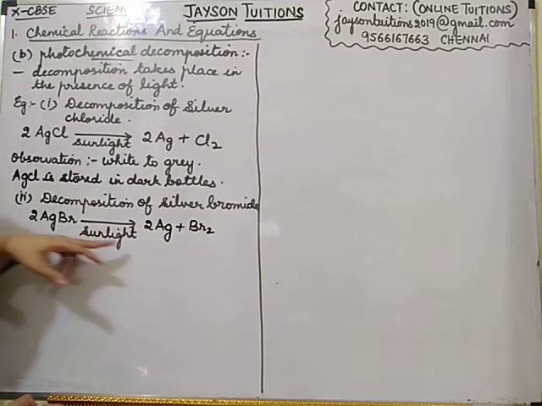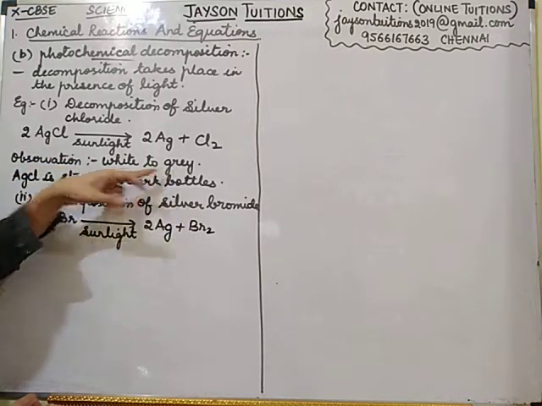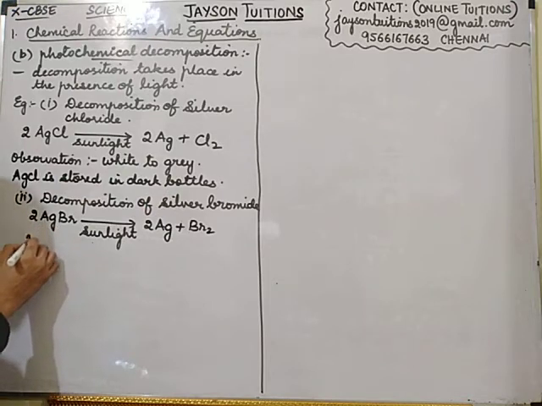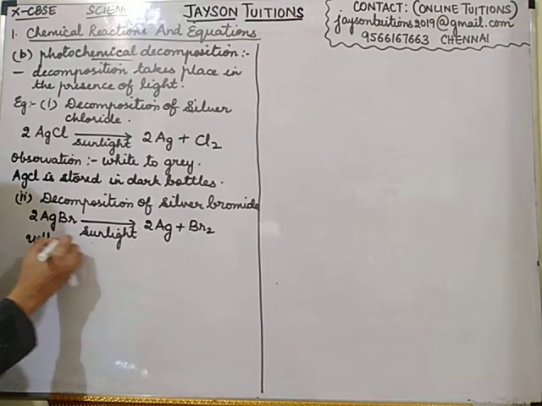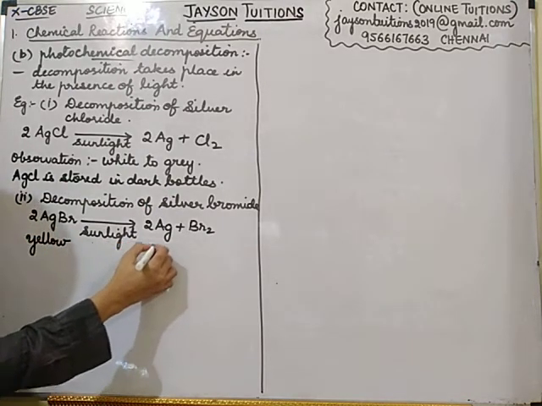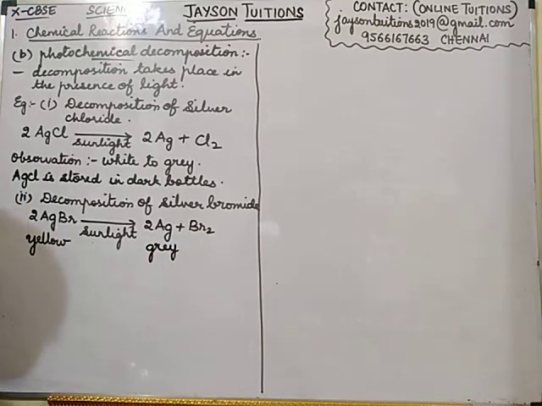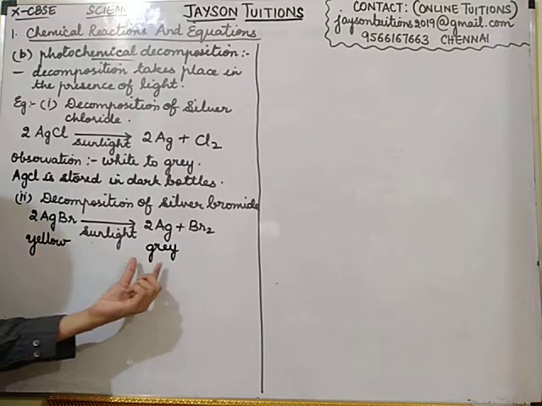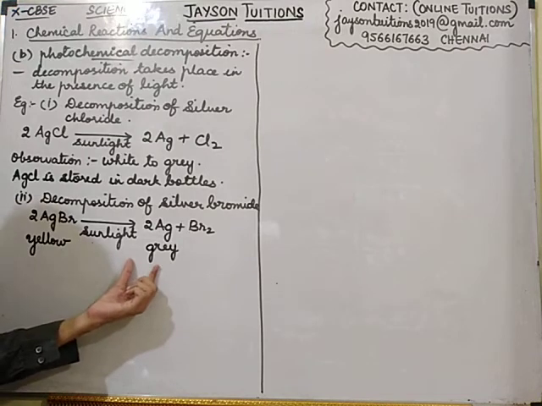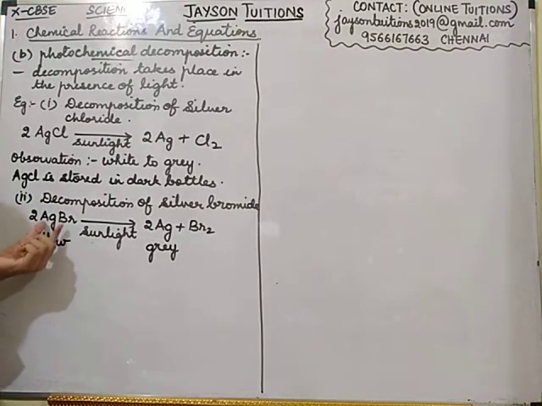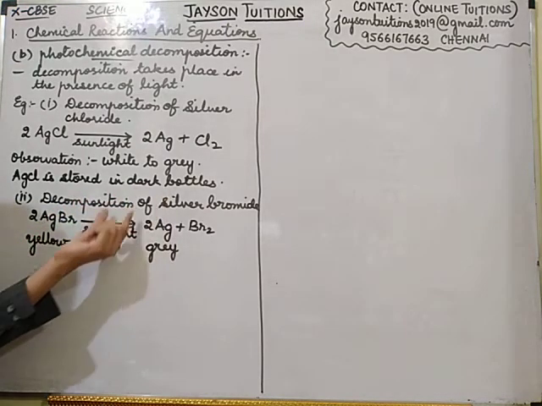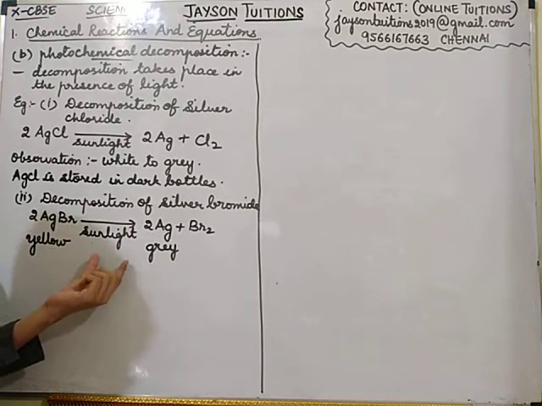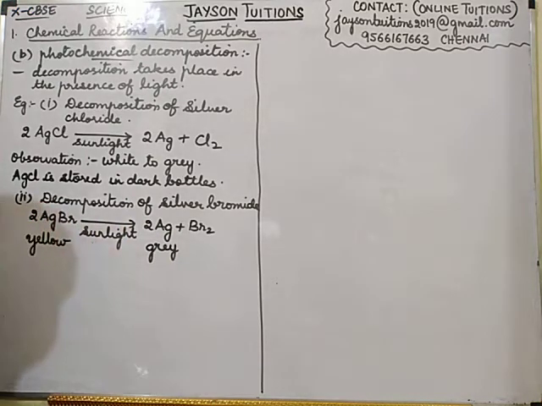Here the color change is that silver bromide is yellow in color, and silver will be grey color or blackish white color. So the color change is from yellow to grey. So this is also stored in dark bottles because it will undergo decomposition in the presence of light.